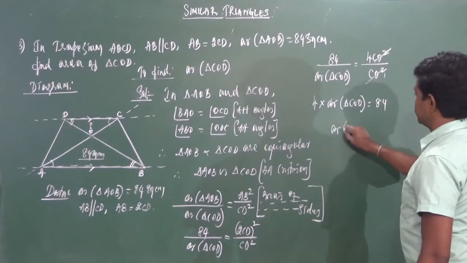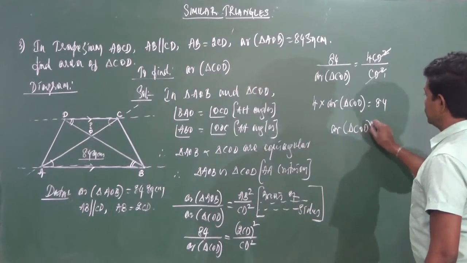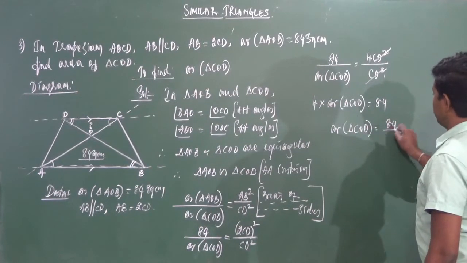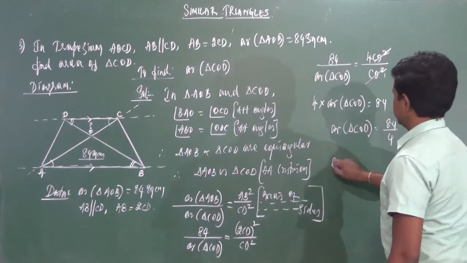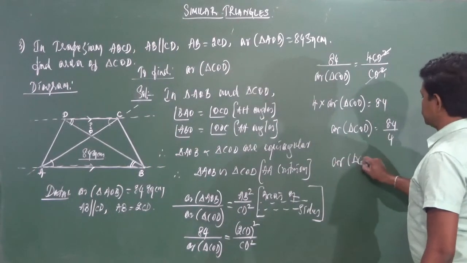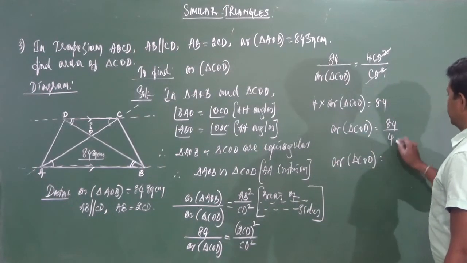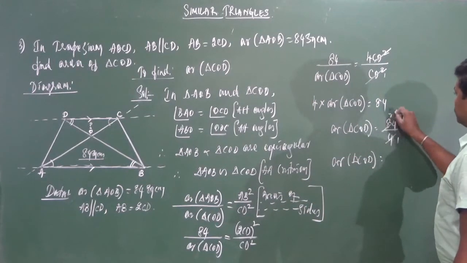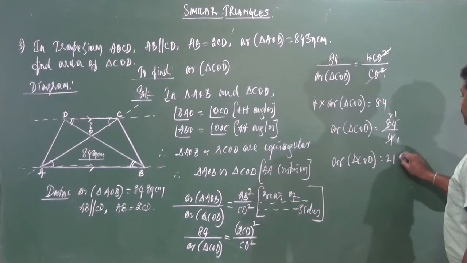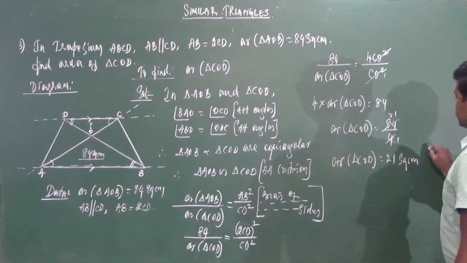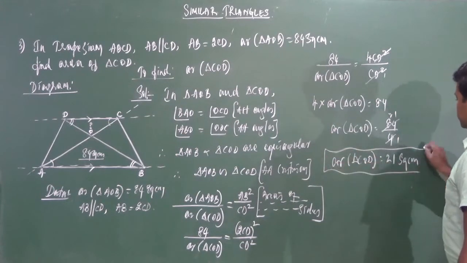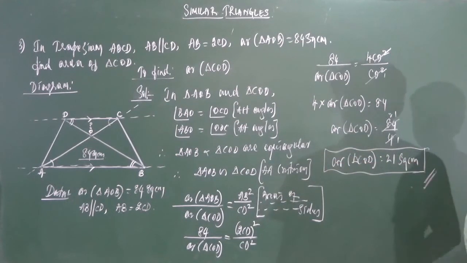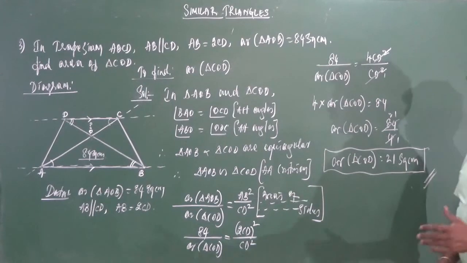So area of triangle COD is equal to 84 by 4, which is 21 square centimeters. So the area of triangle COD is 21 square centimeters.